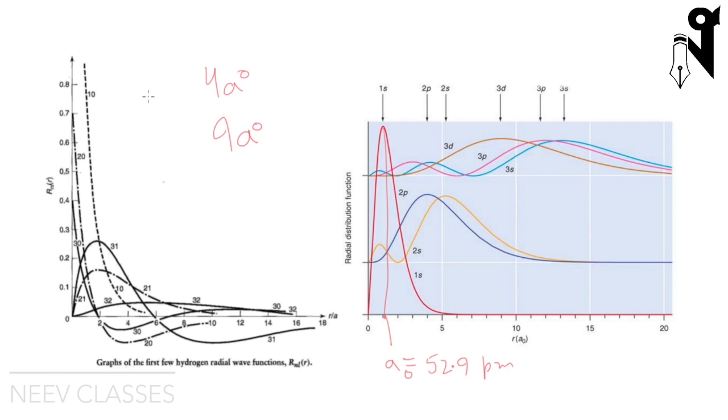So that was your Bohr's n equal to 2 and n equal to 3.